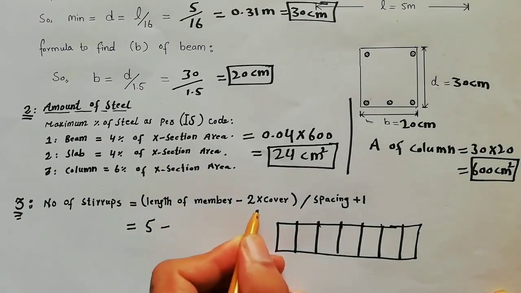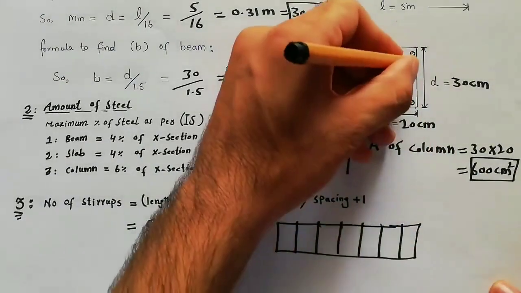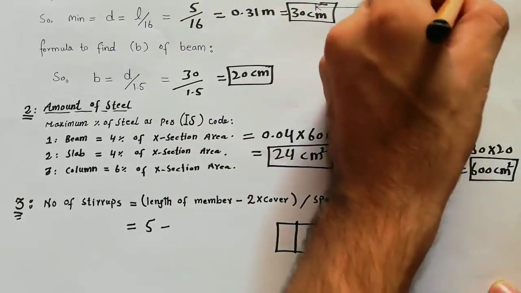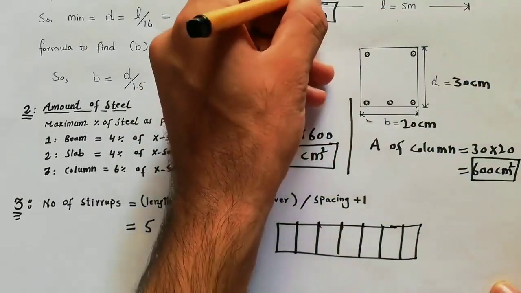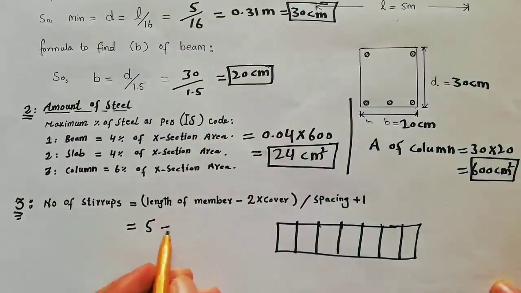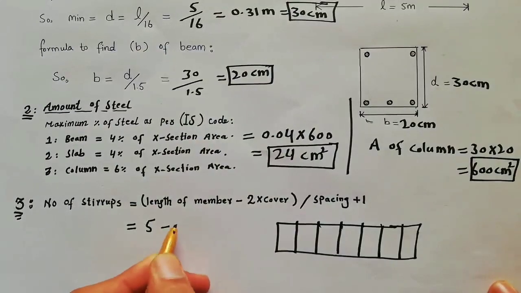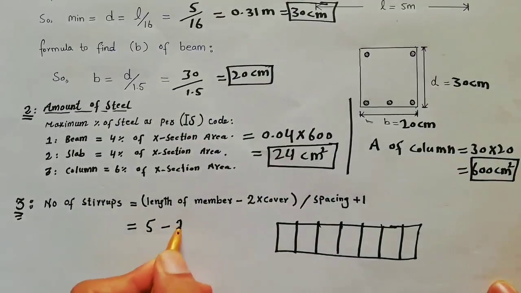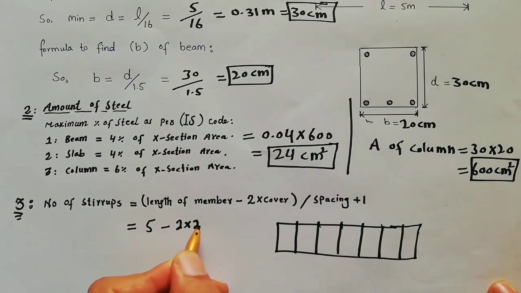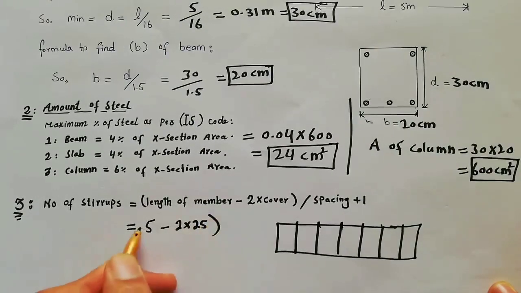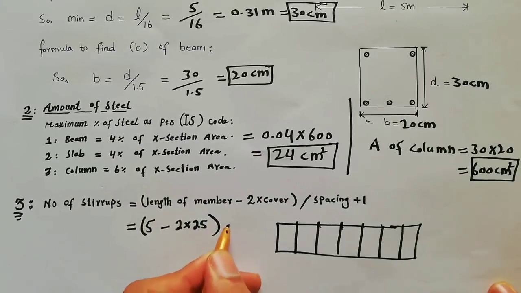subtract 2 covers. So this is concrete cover. So here we have concrete cover, right? Here concrete cover and here. So suppose we have to take concrete cover 25 mm, so 2 multiply 25, right? So it will come 50, and divide by spacing.